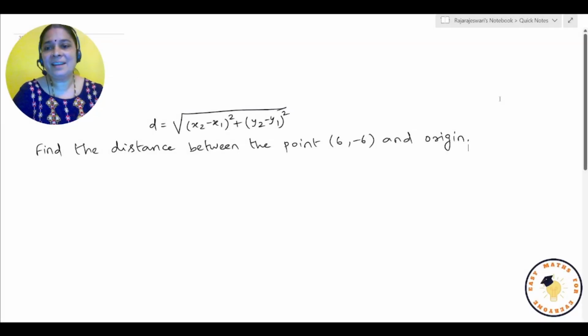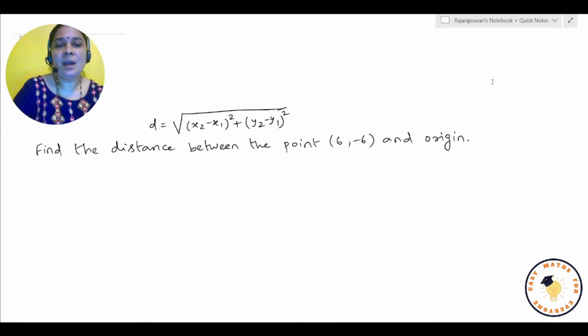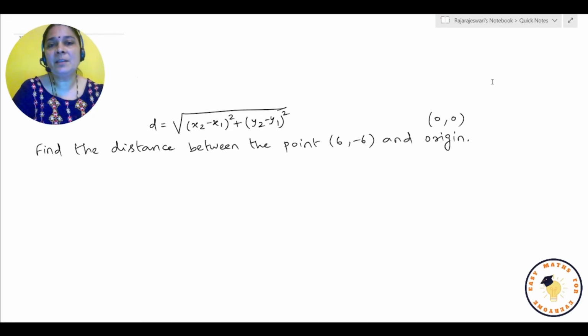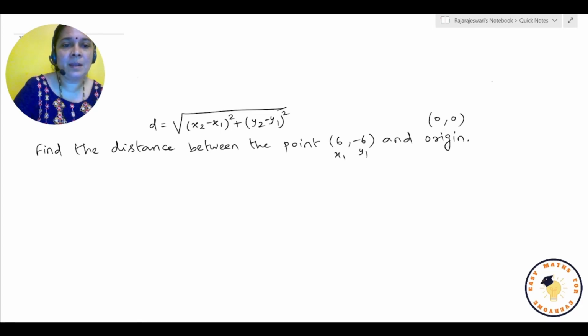Let's take another example. Find the distance between the point 6, minus 6 and the origin. Origin means it is 0, 0. So, as we did in the previous sum, let us name these points x1, y1 and x2, y2.